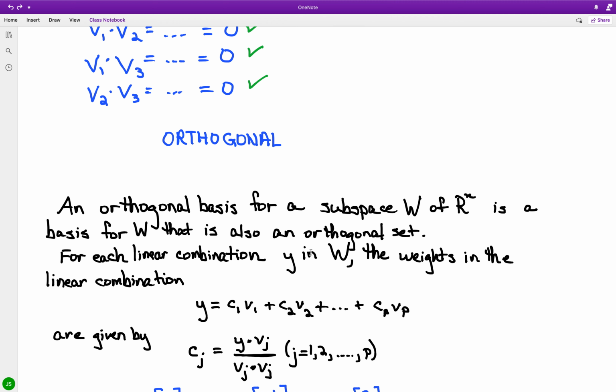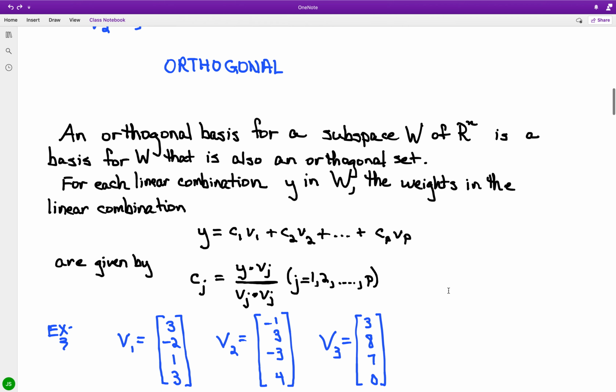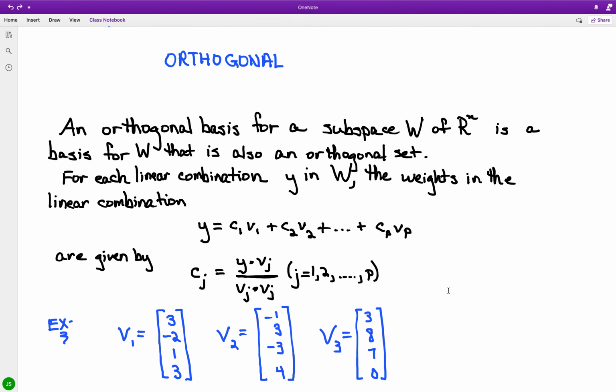For each linear combination y in this subspace W, where y is equal to c1v1 plus c2v2 all the way out to c of p, v of p, the weights are given by c of j equals y dot vj all over vj dot vj, where the subscripted value j is a natural number.